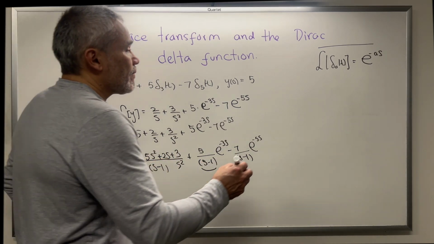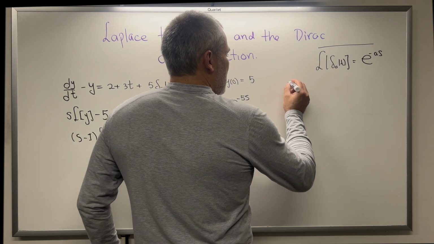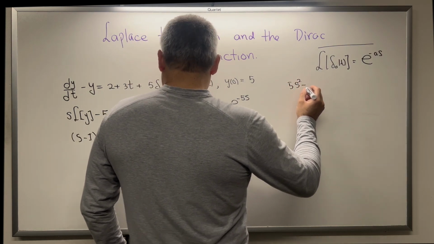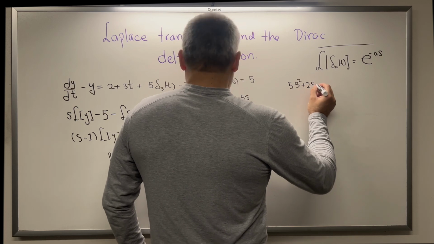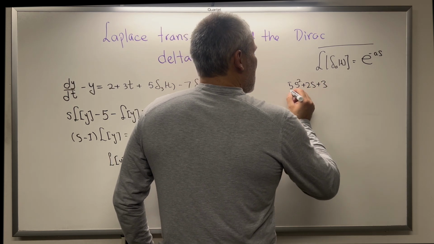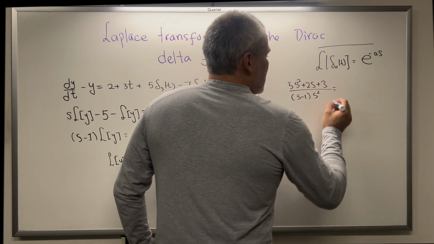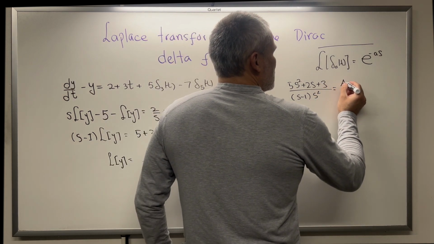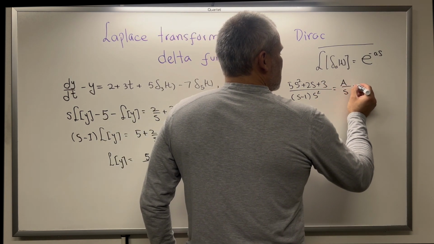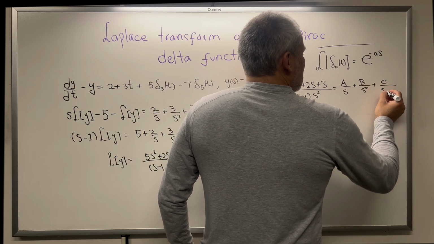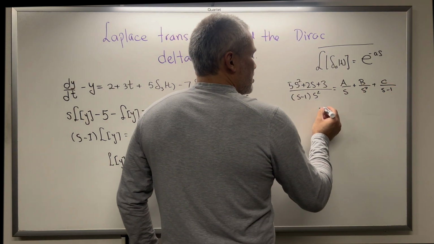Let's do that. Then we write 5s squared plus 2s plus 3 over s minus 1 times s squared. In this case, the partial fraction decomposition will be a over s plus b over s squared plus c over s minus 1.